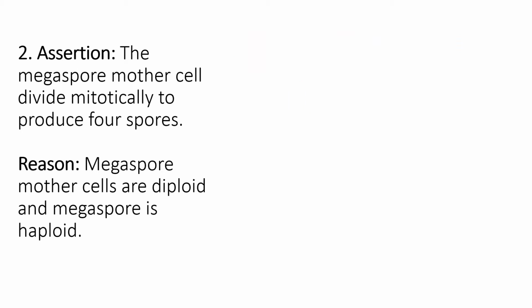Coming to the second question, it is assertion and reason based. The assertion is the megaspore mother cell divides mitotically to produce 4 spores, and the reason is megaspore mother cells are diploid and megaspore is haploid.